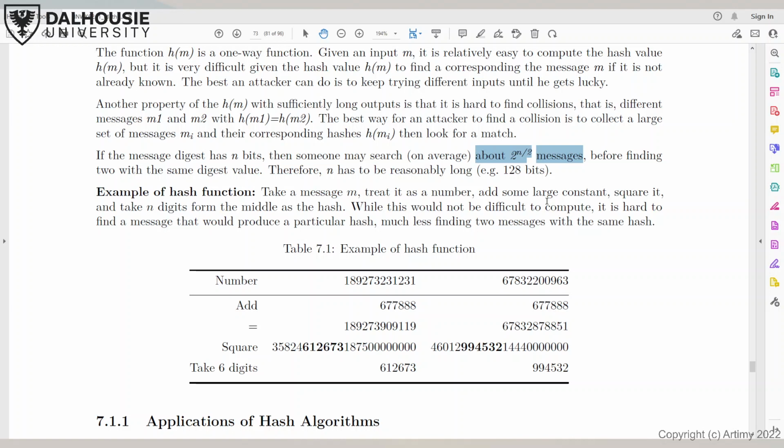And just to note here that when we are saying attempts, we don't really need to know what the original message is. The original message we don't care about. We just need to find another message that has the same hash. So somebody wants to change the content of a file, right?